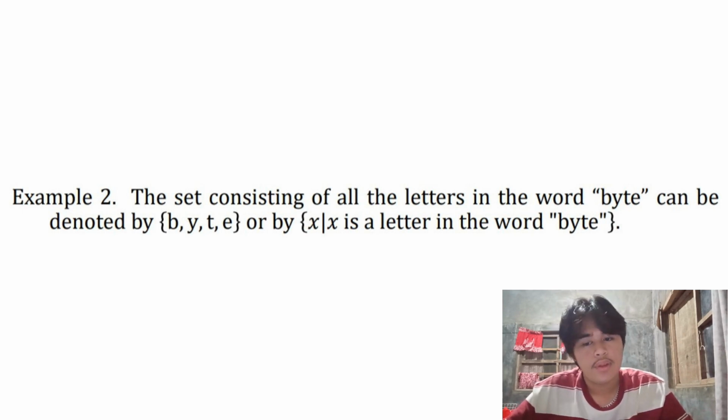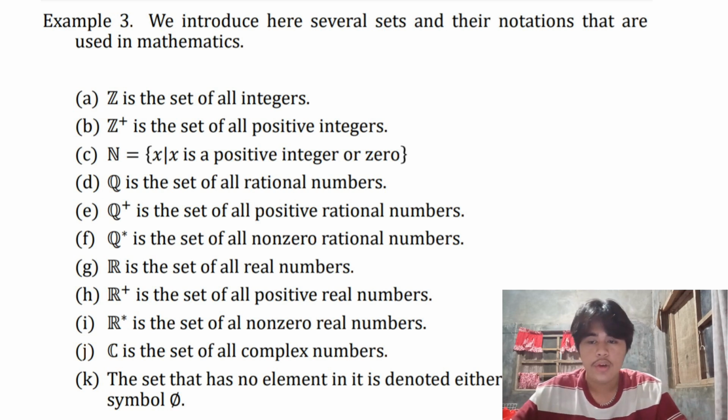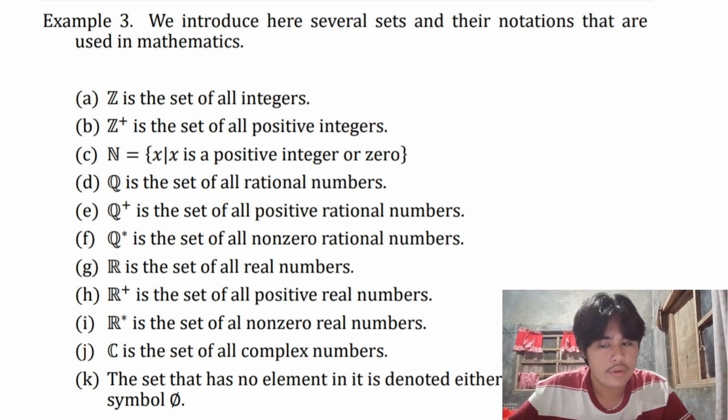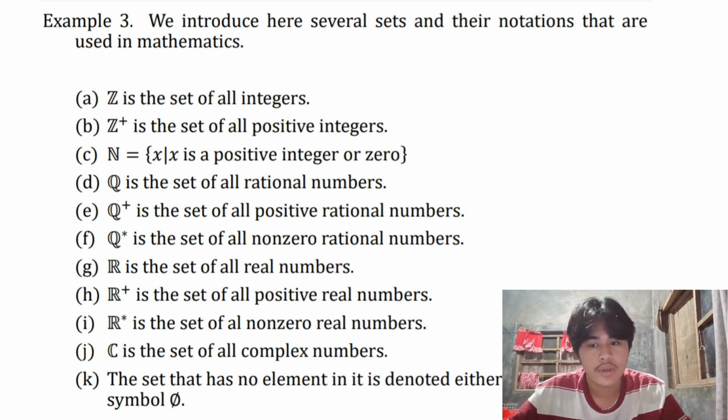We introduce several sets and their notations that are used in mathematics. Z is the set of all integers. Z plus is the set of all positive integers. N equals {x | x is a positive integer or 0}. Q is the set of all rational numbers.